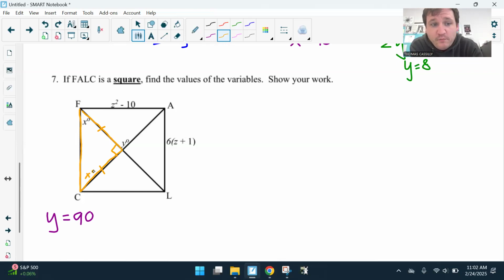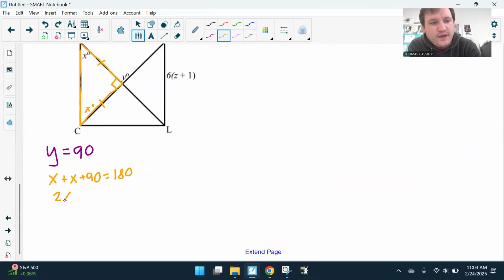I could still make an equation here and say, well, x plus x plus 90 equals 180 degrees, right? I know since it's an isosceles triangle, we have to have 2 congruent angles. So you could say 2x equals 90, therefore x equals 45, right?